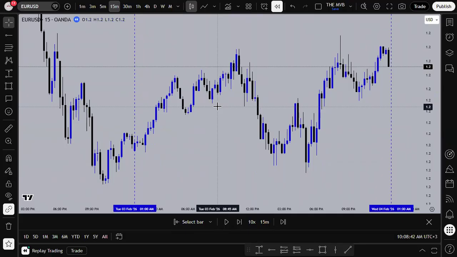Now, look at this day. We had an opening in the Asian session, and then price entered areas of liquidity of the previous day. We don't mind that.